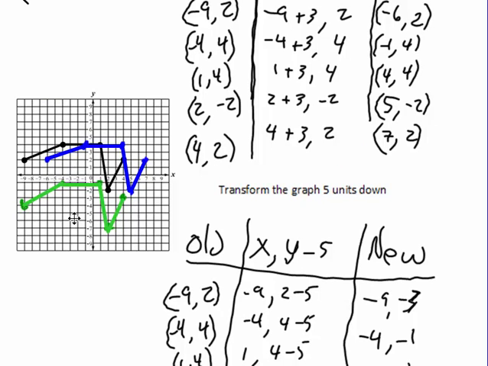This is essential because some of the work we're going to do asks you to do multiple transformations of a graph on the same graph. We want to be able to see these transformations, and if you're going to have more than one, it's highly suggested that you use more than one color. For this particular one, I used blue for the shift right 3 units, and green for the shift down 5 units. Not too bad.